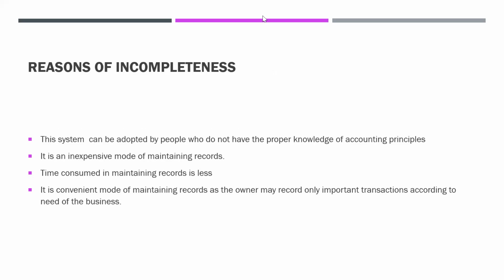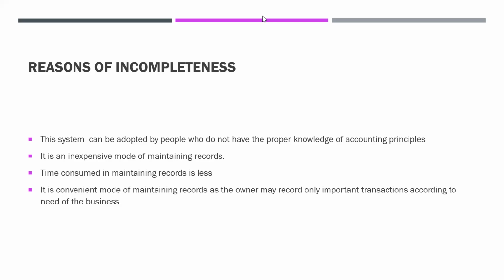Now, what may be the reason of incompleteness? This system can be adopted by people who do not have proper knowledge of accounting principles. As I told you, this business can be owned and managed by anyone, a person who is not so educated or does not have knowledge about accounts.